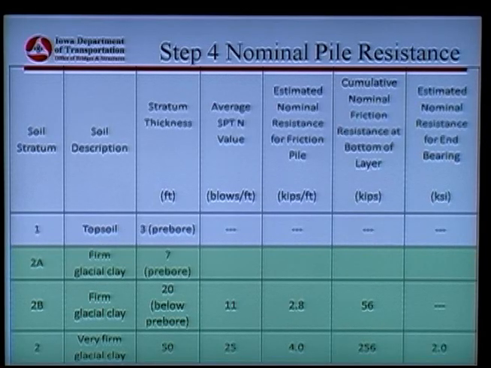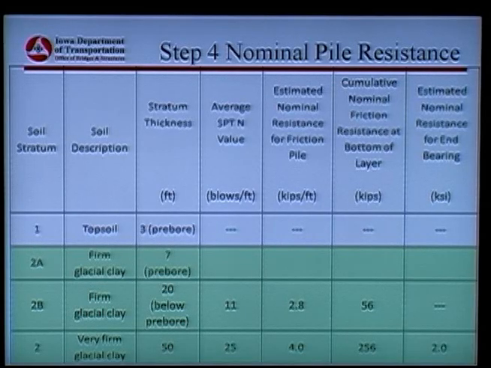Again, this is the table to determine the geotechnical resistance using the Iowa Blue Book method. You have the thickness of the soil, but because of the 10 feet brief borehole, the resistance is not considered in layer 1 and layer 2A. So you start with this firm glacial clay, thickness of 20 feet, N value 11, 2.8 as your unit skin friction, and 56 is your total friction.